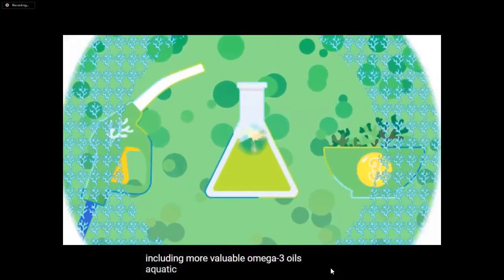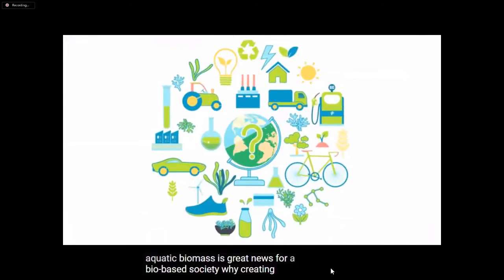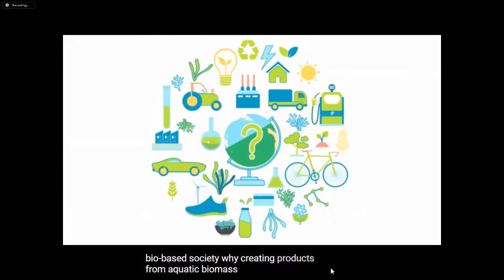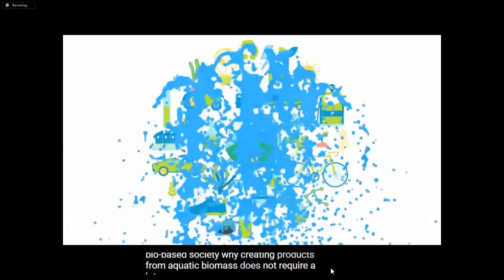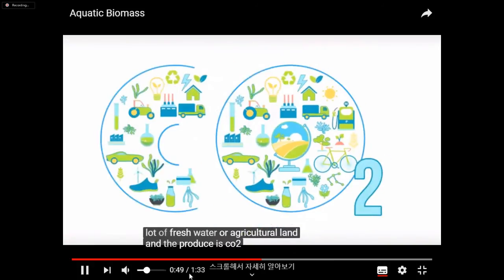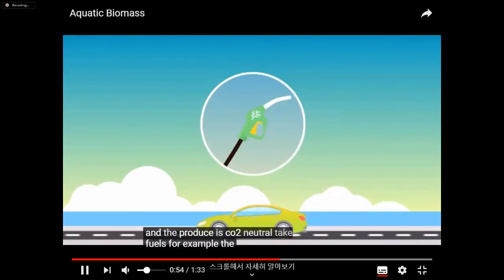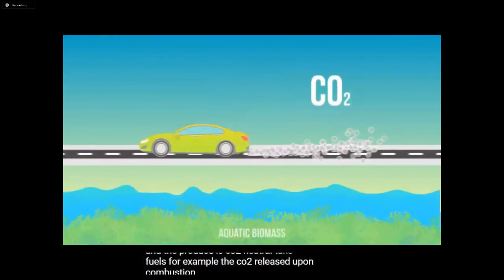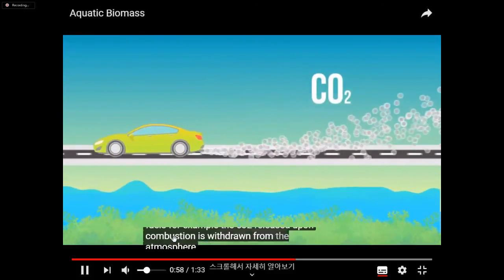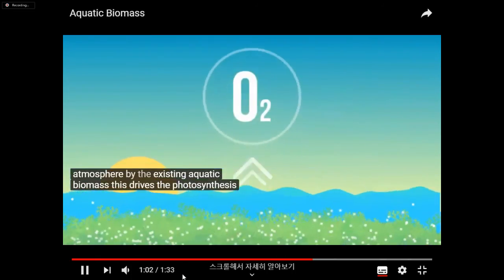Aquatic biomass is great news for a bio-based society. Why? Creating products from aquatic biomass does not require a lot of fresh water or agricultural land, and the product is CO2 neutral. Take fuels, for example. The CO2 released upon combustion is withdrawn from the atmosphere by the existing aquatic biomass. This drives the photosynthesis process.